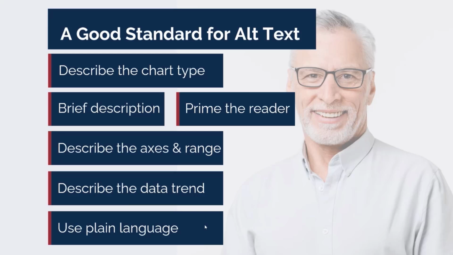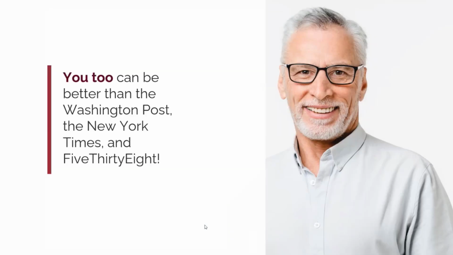I try my best to do this in this presentation, just to give you an example, and we'll go through a more detailed one afterwards. But in terms of visualizations, as we learned, it's super important to have this kind of rich information. In fact, you too can be better than the Washington Post, the New York Times, and 538. I believe in you. It's definitely possible.